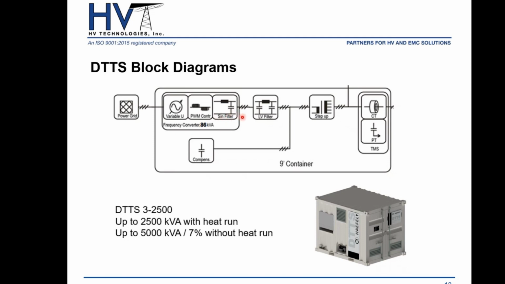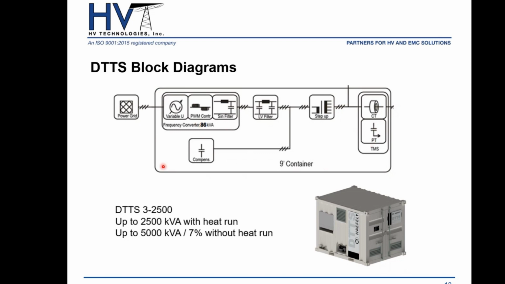Then the output of the frequency converter will go into a low voltage filter. We have a low voltage capacitor bank for compensation, and then a step up transformer to achieve your output voltage. And then that step up transformer goes through a set of CTs and PTs for your transformer loss measuring system.